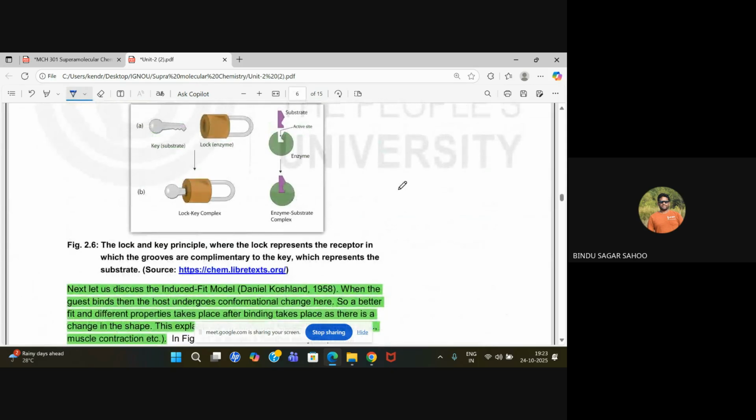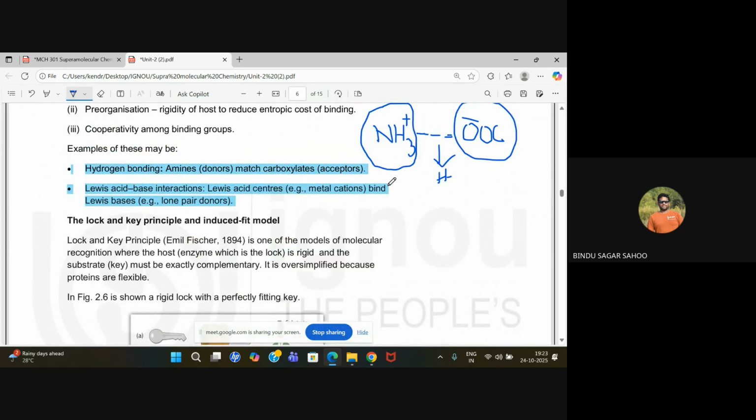Then another important parameter is complementarity. The definition of complementarity is the matching of size, shape, and chemical functionalities between the host and guest molecule. That means the host and guest size should be proper, and the shape should be proper. Chemical functionality means, always remember the interaction: one should be positive charge, another negative charge; one should behave like a donor, another like an acceptor.